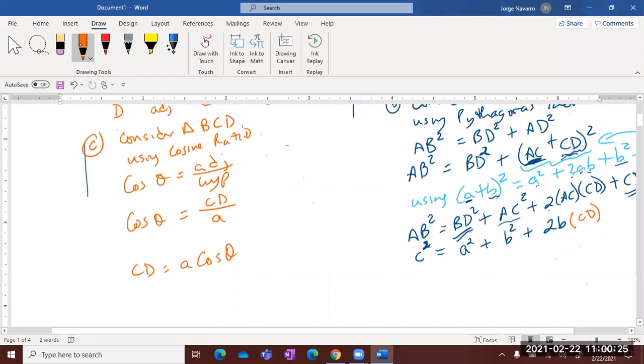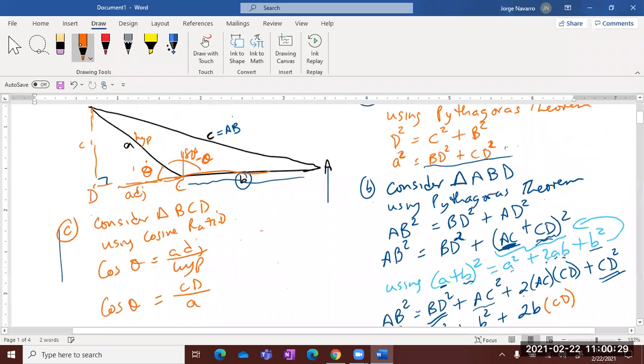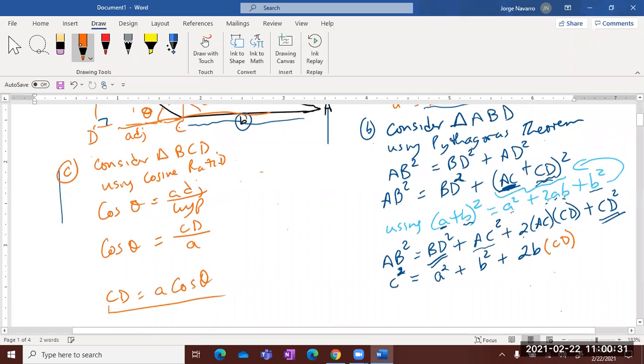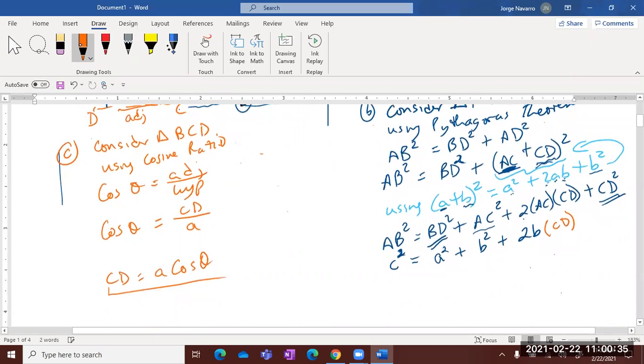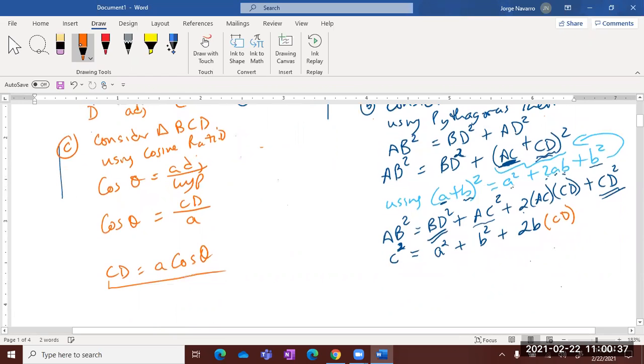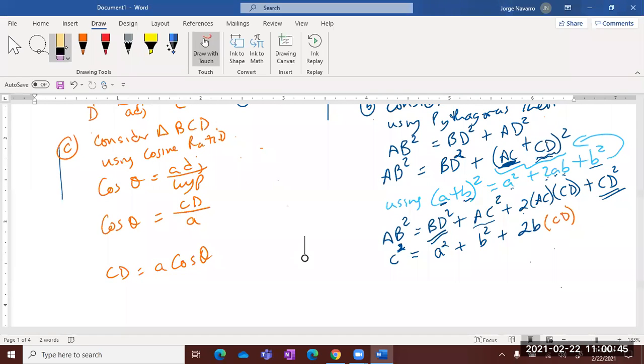No, but is this inside the triangle? Is this inside the triangle? No, it's not inside the triangle. It is outside the triangle, isn't it? Yes, it's outside the triangle.